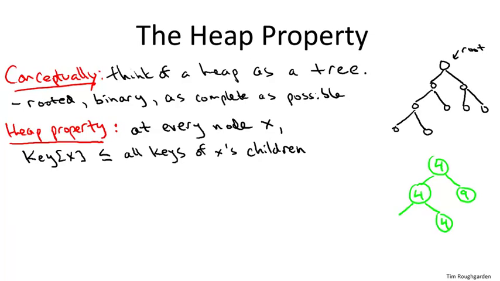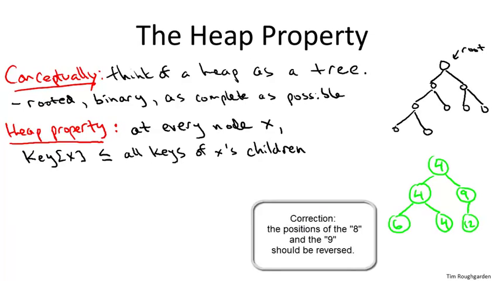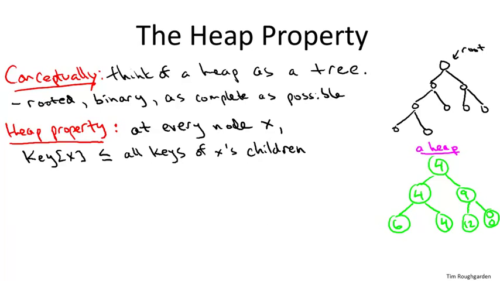For example, here is a heap with 7 nodes. Notice that I am allowing duplicates. There are 3 different objects that have the key value 4 in this heap. Another thing to realize is that while the heap property imposes useful structure on how the objects can be arranged, it in no way uniquely pins down their structure. So this exact same set of 7 keys could be arranged differently and it would still be a heap.